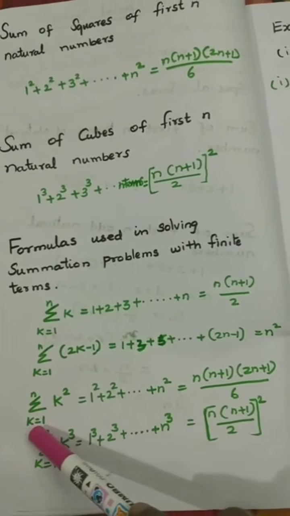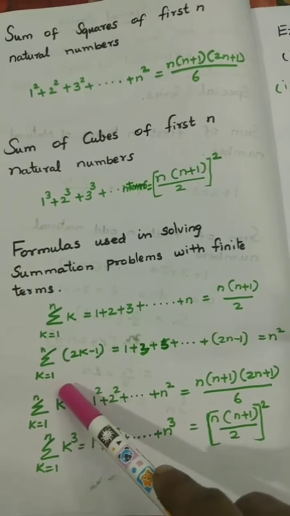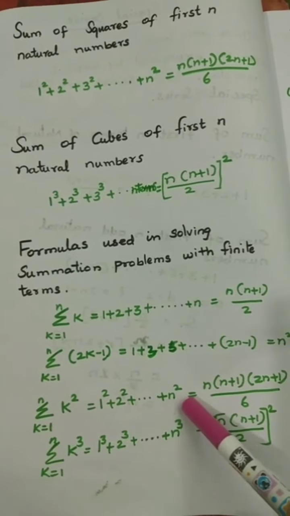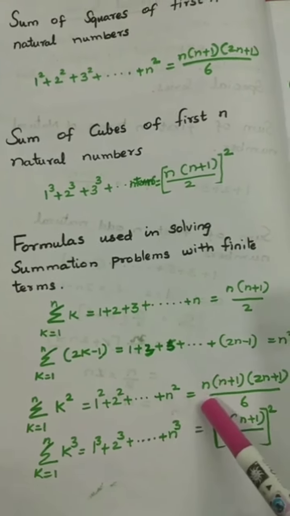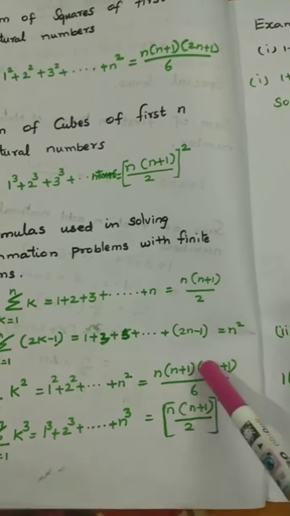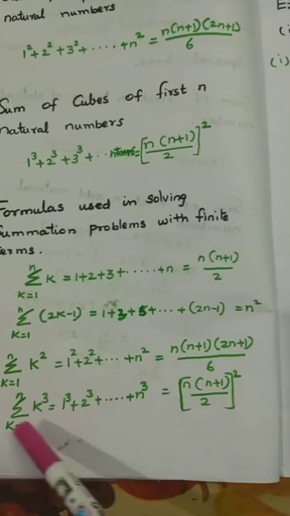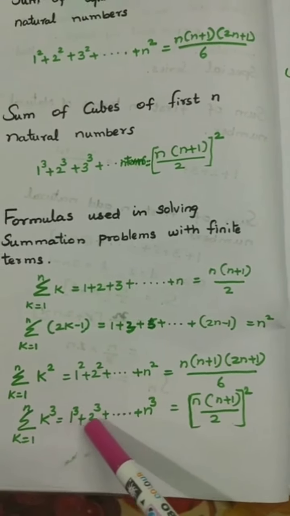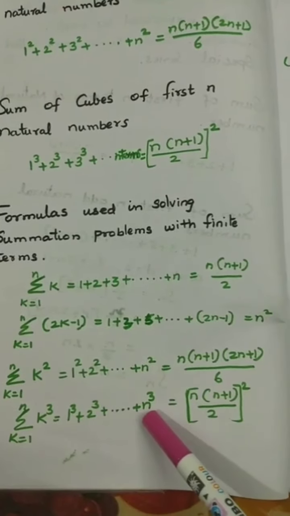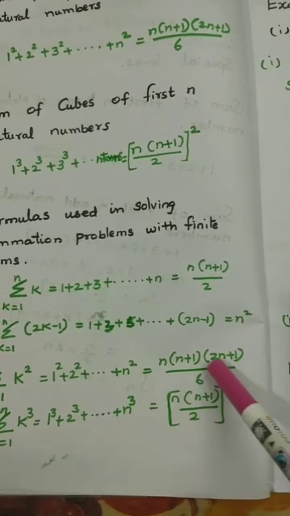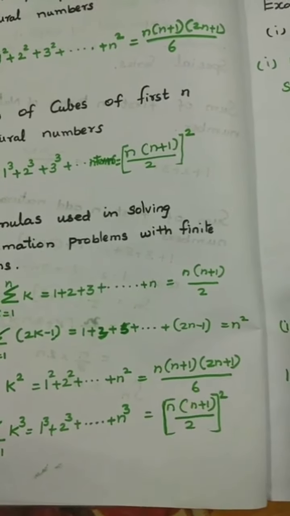Then summation of k square is 1 square plus 2 square plus and so on plus n square, equal to n into n plus 1 into 2n plus 1 by 6. Then sigma k cube, 1 cube plus 2 cube plus and so on plus n cube, is equal to n into n plus 1 by 2, the whole square.